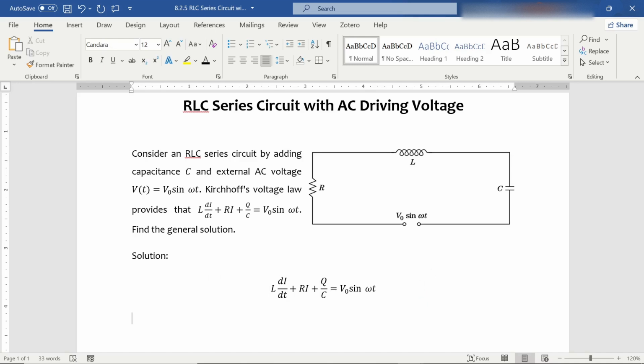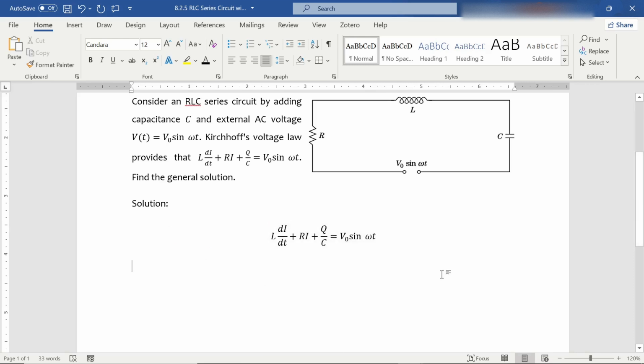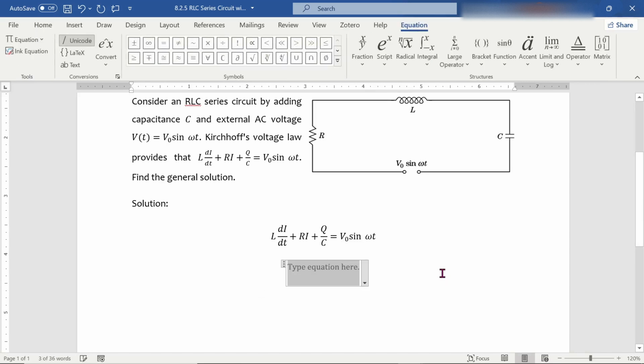And then the first step that we shall do to solve the general solution here is to differentiate this equation with respect to t, so that this equation will become L times d squared I with respect to t, we have R times dI over dt, and then we have 1 over C times dq over dt.